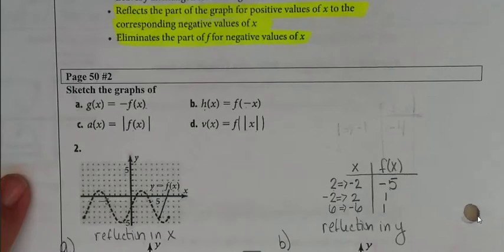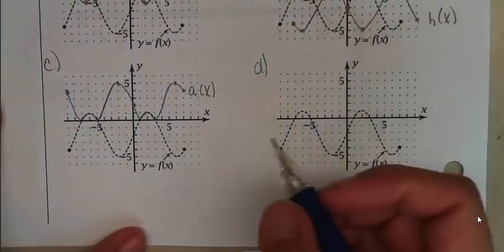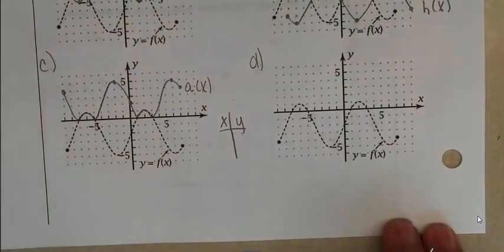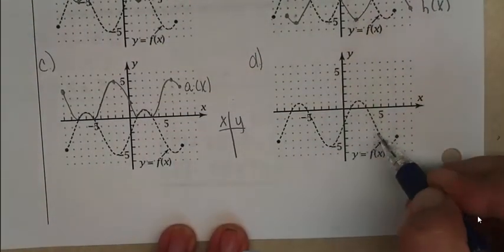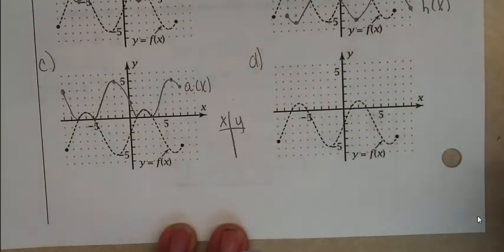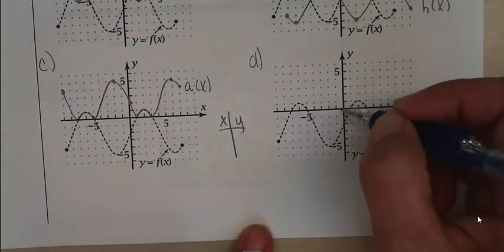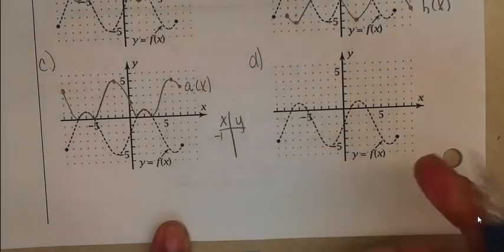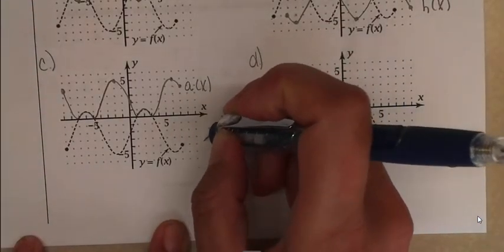And again, an input-output chart might be helpful. So I'll do one right here. Okay, so these are going to remain unchanged, because the absolute value of 1 is still going to be 1. So this is still going to be f of 1, whatever that output was. It looks like it's 0, okay? All right. However, if I put in -1, actually, let me write that a little bit.